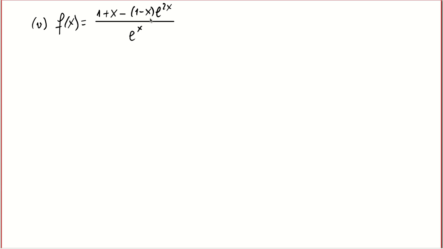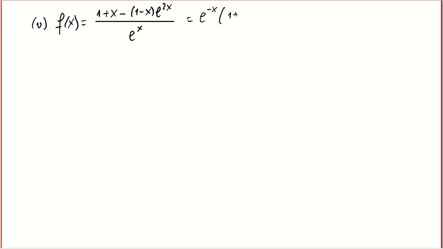Why not divide in series? Well, this is a very bad idea. This is a terrible idea. Dividing series is something extremely complicated, so don't do that. First of all, try to write this in a better way. Dividing by e to the x is the same as multiplying by e to the minus x.